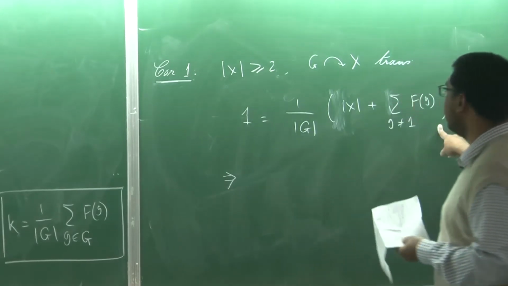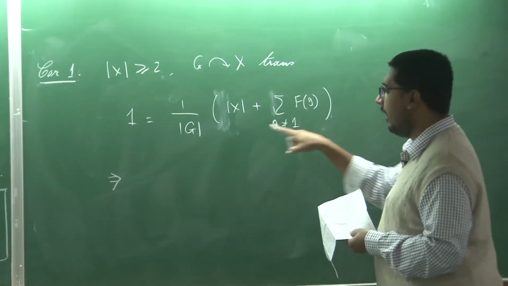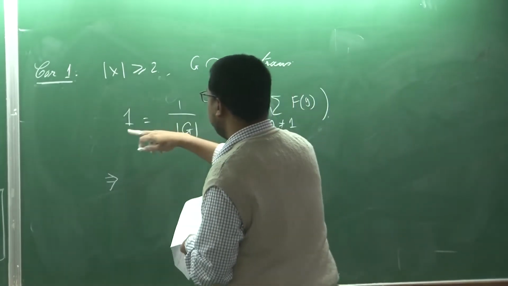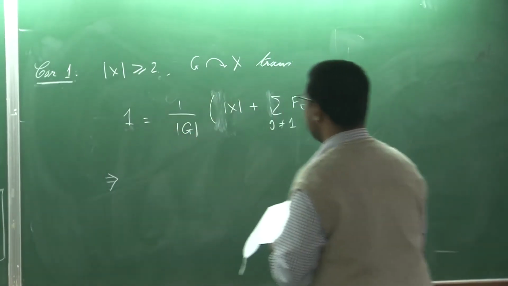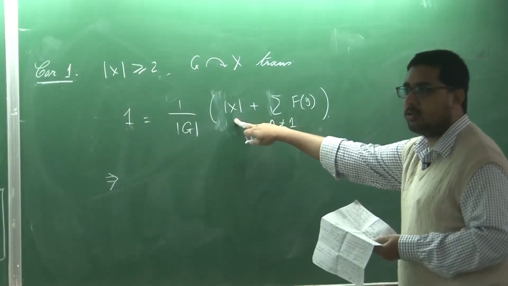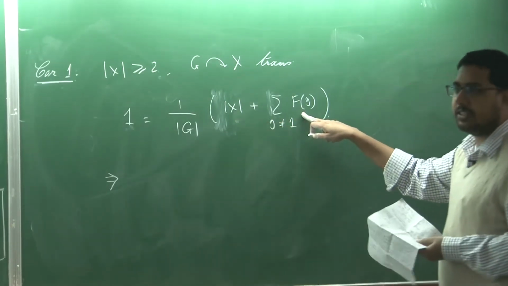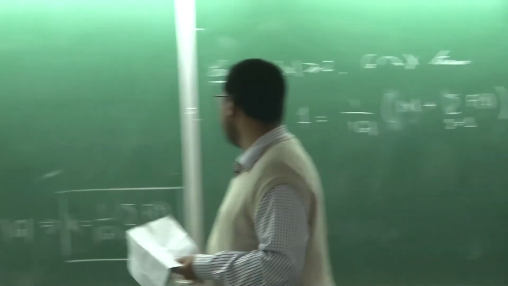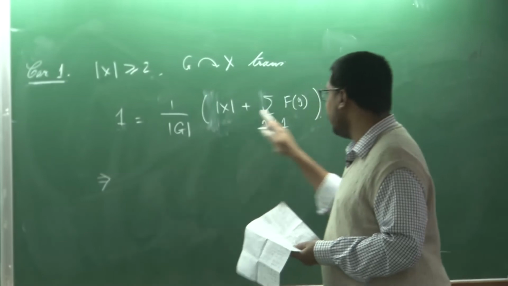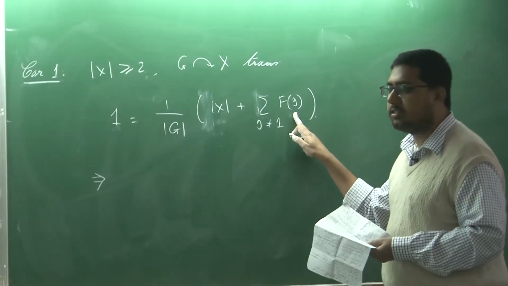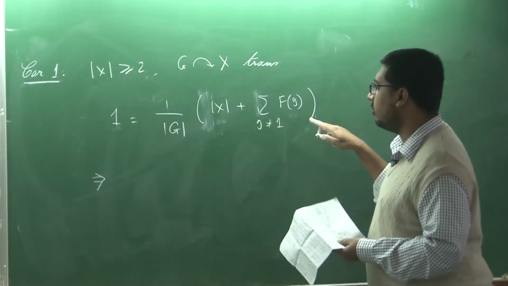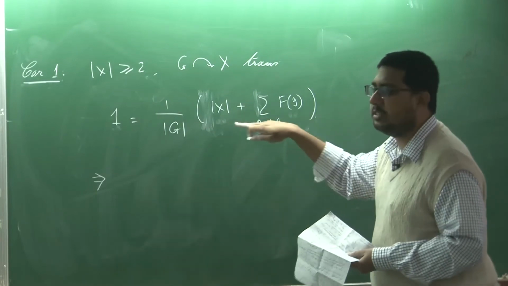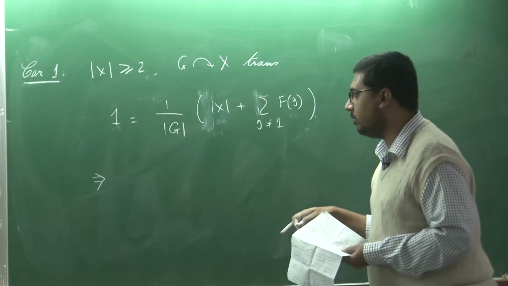So how many terms do we have here? Exactly the same as the order of G, right? And the average is 1. This term is already at least 2. If all other terms here are at least 1, then certainly the average will be greater than 1, because this term is at least 2, each other term is at least 1, and so the sum here is at least order of G plus 1. So the average is not going to be 1.